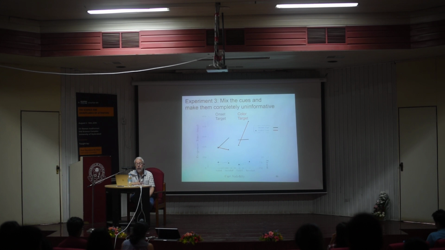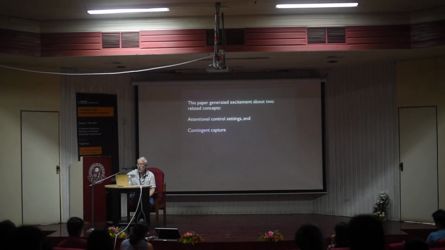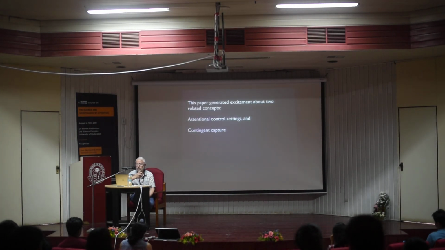It produces very big costs when the target is not presented at that location. So as I've said, this paper generated excitement about these 2 related concepts, attentional control settings and contingent capture, and probably hundreds of experiments have been done since this paper was published in 1992 to explore what's going on here.